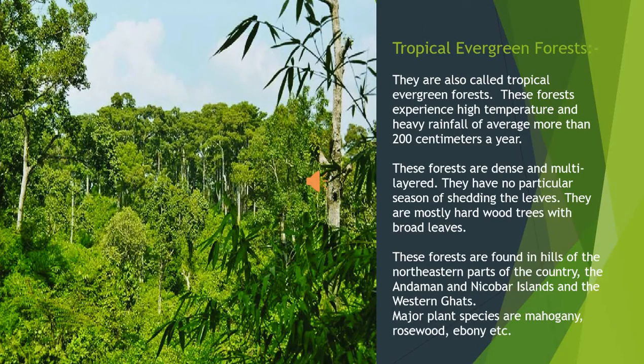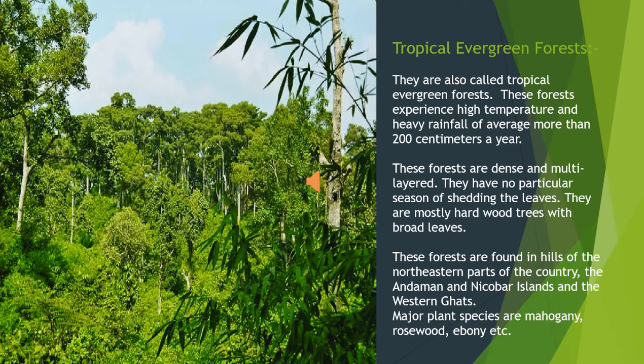Let us study about the tropical evergreen forest. Tropical evergreen forests are also called evergreen forests. These forests experience high temperature and heavy rainfall of average more than 200 centimeters a year. These forests are dense and multi-layered.